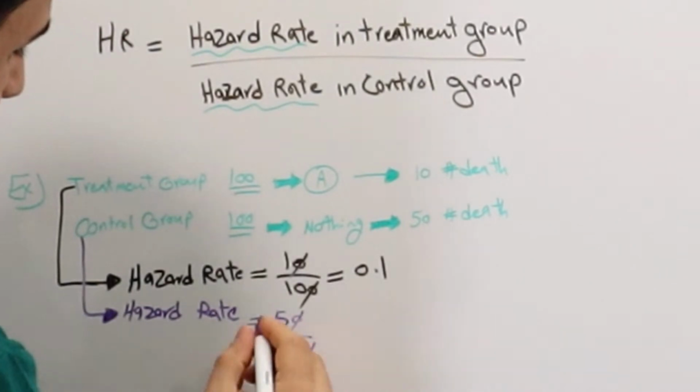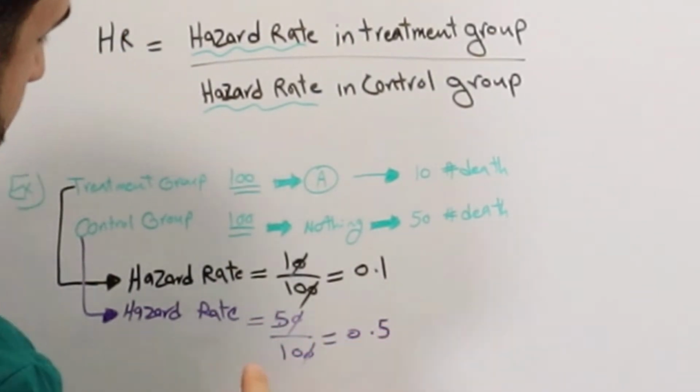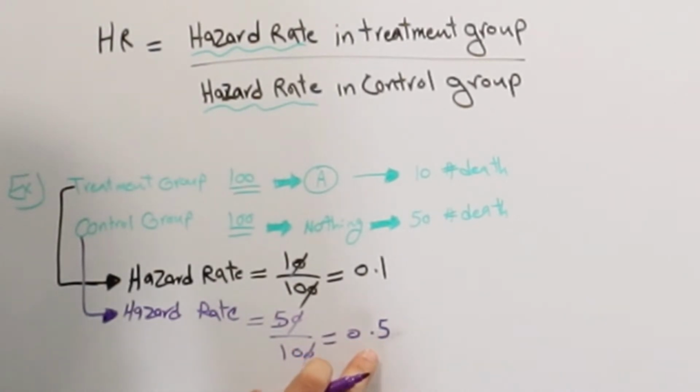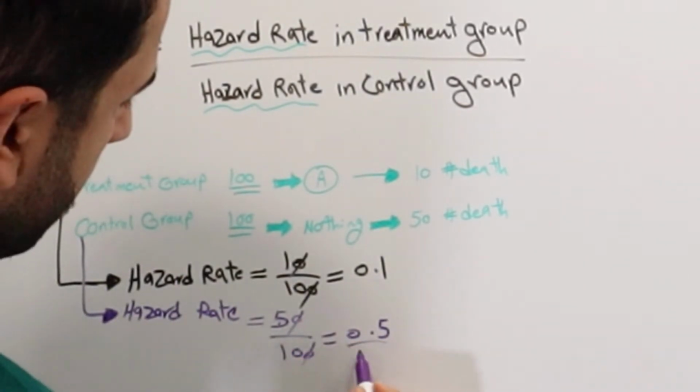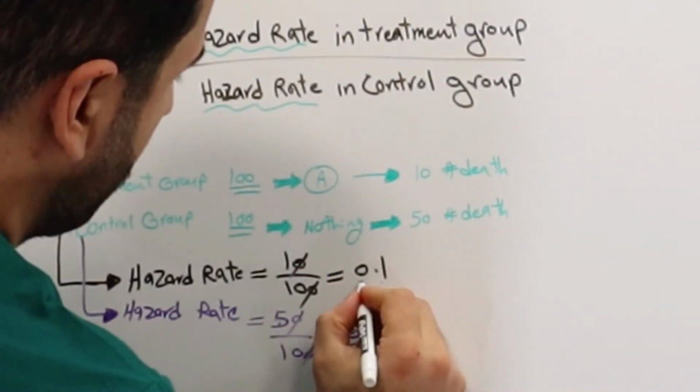So 0 goes with 0, 5 over 10, it's going to be 0.5. So this is the hazard rate in the control group, and this is the hazard rate in the treatment group. And that's how we calculate the hazard rate.